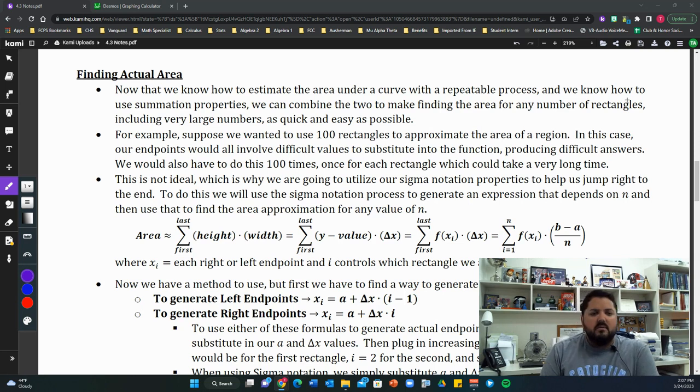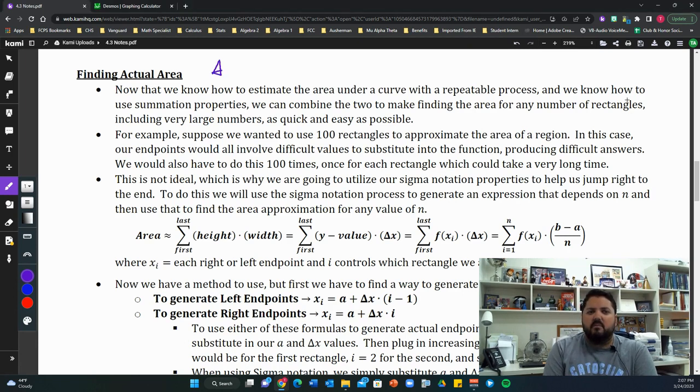So our area will be approximately equal to sigma from our first subinterval to our last. And for each one of those, I want to take the height of the rectangle multiplied by its width. That's not really anything new except for using the sigma notation. Worst case scenario last time, if we had unequal subintervals, we would have done the same thing.